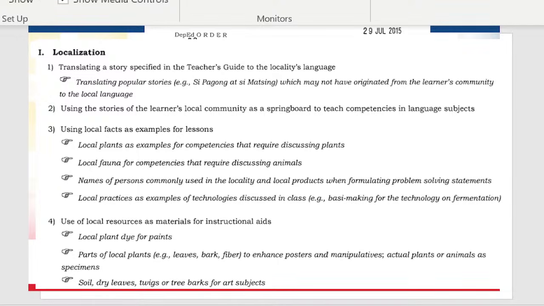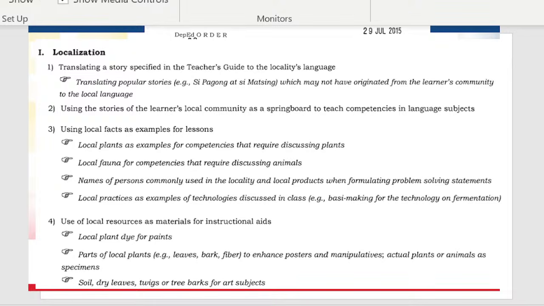The local fauna, the animals in the community, the names of persons in the locality, the mayors, the barangay captain, the personalities that are known in your locality. When formulating problem-solving statements, local practices are examples of technologies discussed in the class. Technologies that are found in the locality.